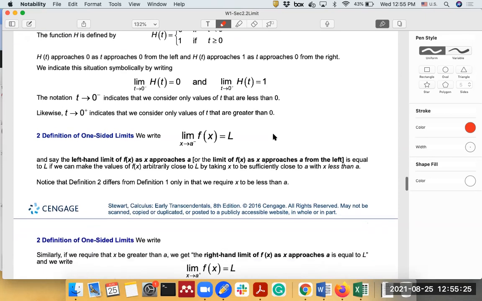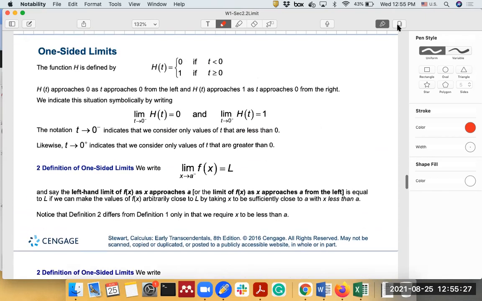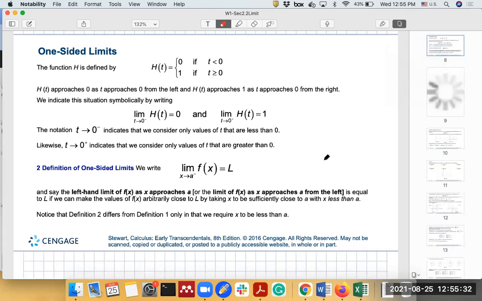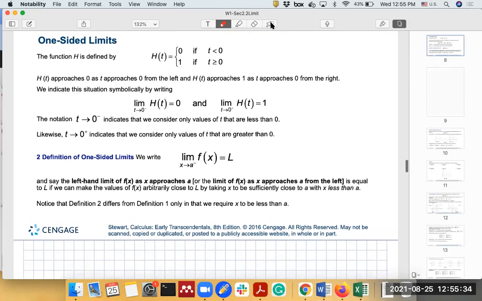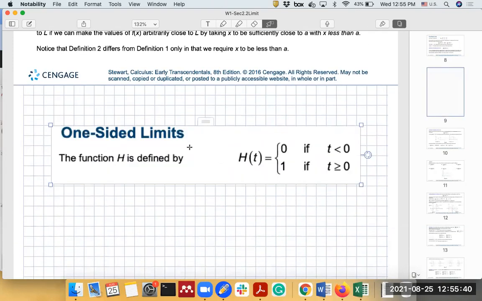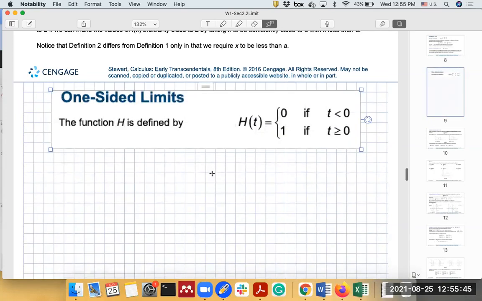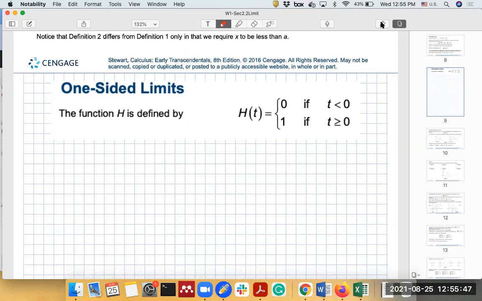Before we do that, let us plot this function and see. Okay? According to the definition here, let us try to plot it. Then we grab it here.